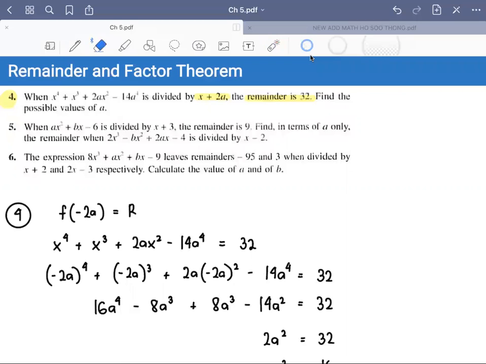Okay, so take note, class, I have a mistake here. This is supposed to be 4, not 2. Let me double check my answer.